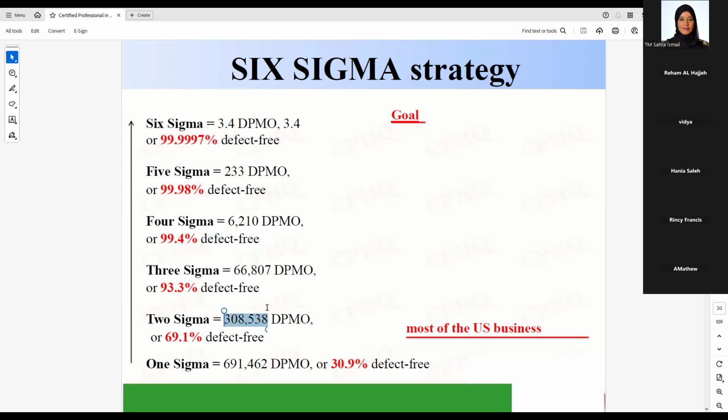Is it still bad if you are producing water bottles to have 300,000 out of the million defective? Yes, 30% is almost defective. So it is still very bad.